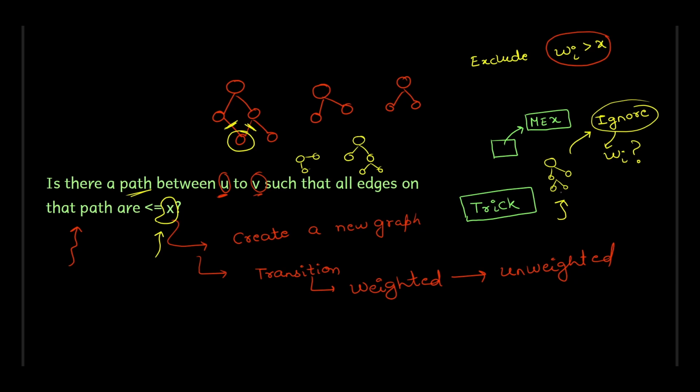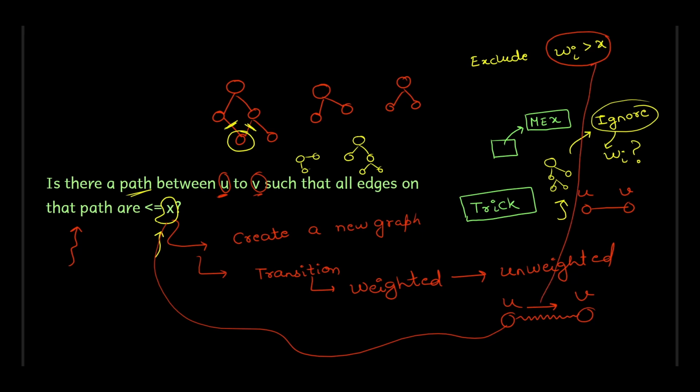So in this graph, if u and v are in the same connected component, if there is a path between u and v, this means that all the edges it traverses have weights less than or equal to x. Why? Because if any edge on this path had a weight greater than x, it would already have been deleted from the graph.